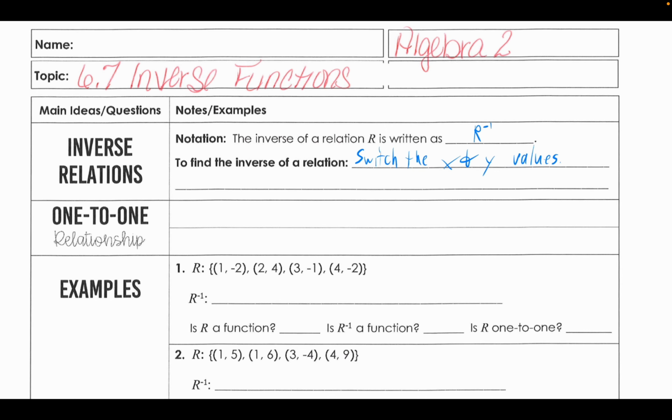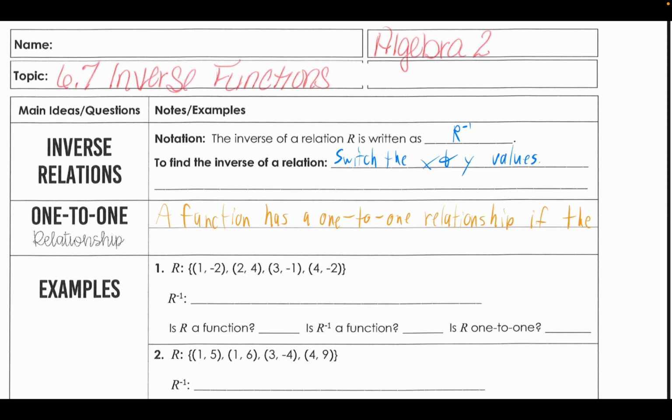Now, what that is: a function has a one-to-one relationship if the relation and, very important that the word and there, its inverse, are both functions.